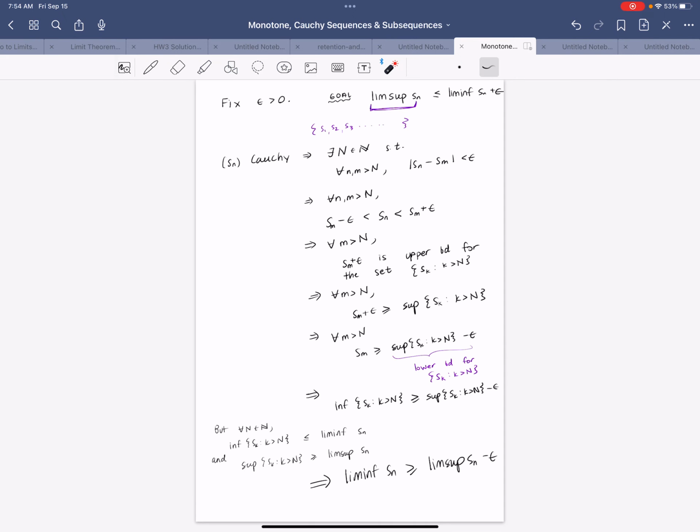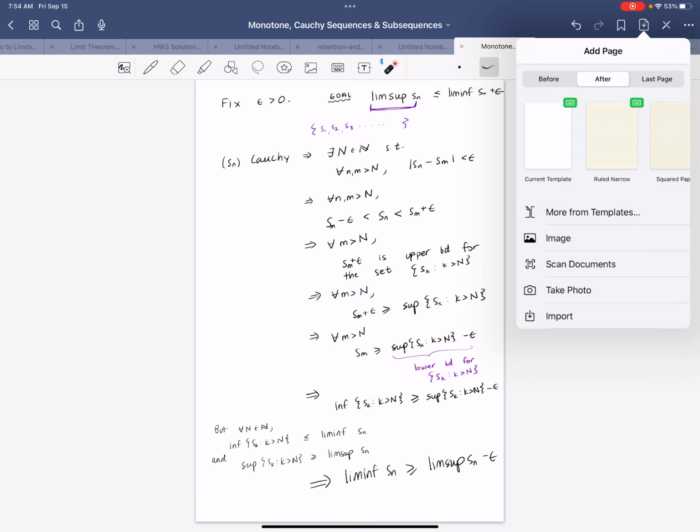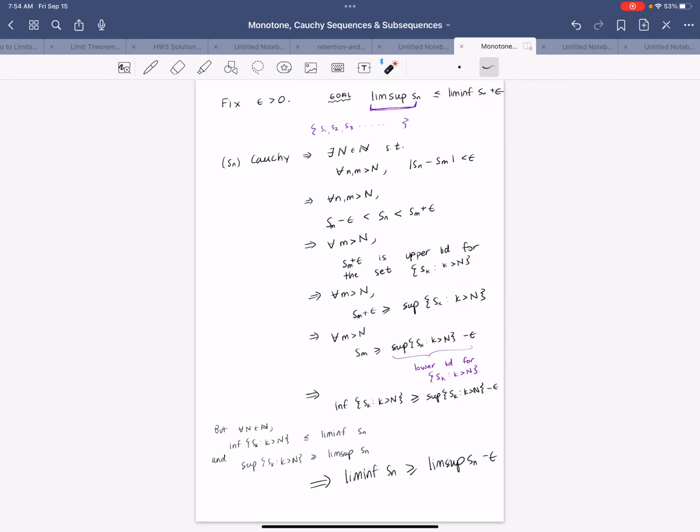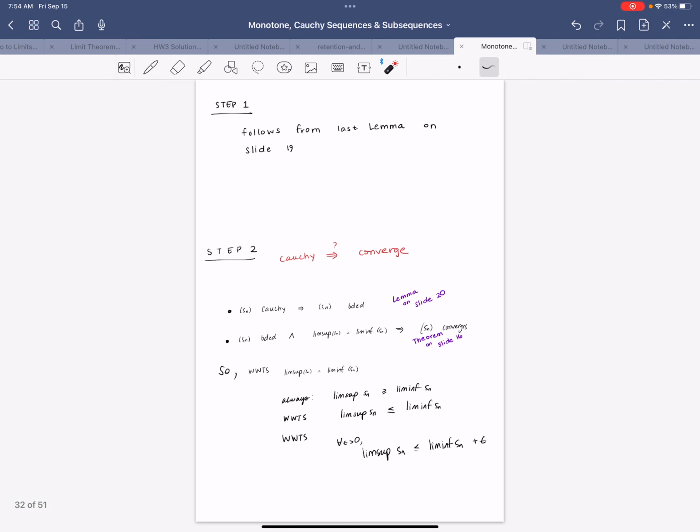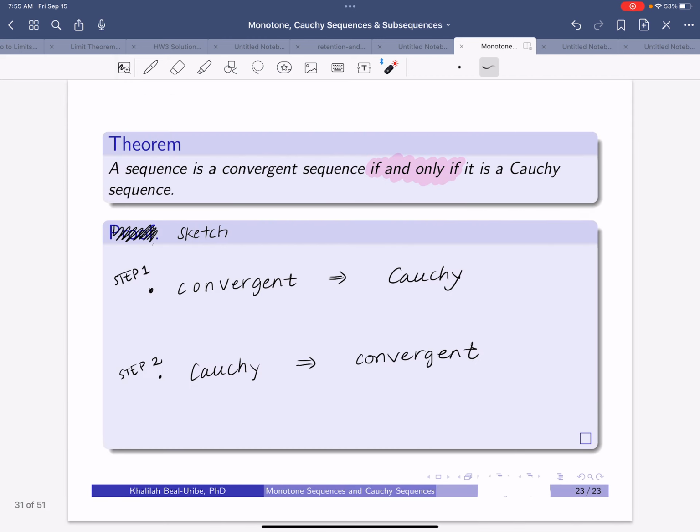Okay, so let's say, I think we'll go back over instead of me rewriting it, because I kind of wrote out everything. So our theorem is convergent if and only if Cauchy, and this is in R. Okay, convergent in R if and only if Cauchy. So convergent implies Cauchy.